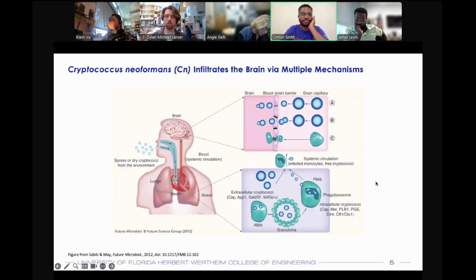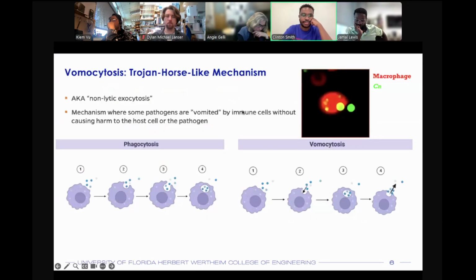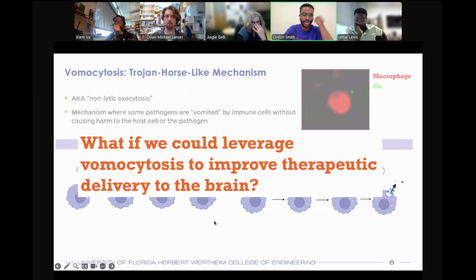Based on that, we're primarily interested in this Trojan horse delivery mechanism that has been observed with C. neoformans, and in particular, leveraging vomocytosis, which is this non-lytic escape mechanism that the pathogen executes to liberate itself. So the big question we're trying to answer is whether we can leverage vomocytosis and the CN to improve therapeutic delivery to the brain.